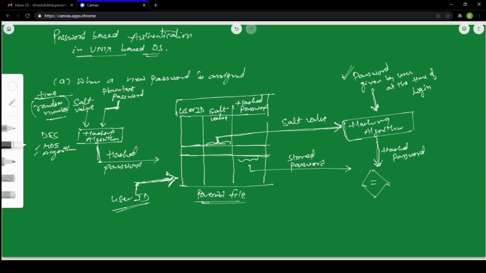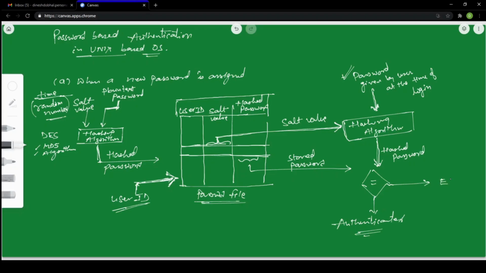If both are same, then the user is allowed to log in into the system, otherwise rejected. If both the passwords are same, then the user is authenticated or his or her identity is validated.